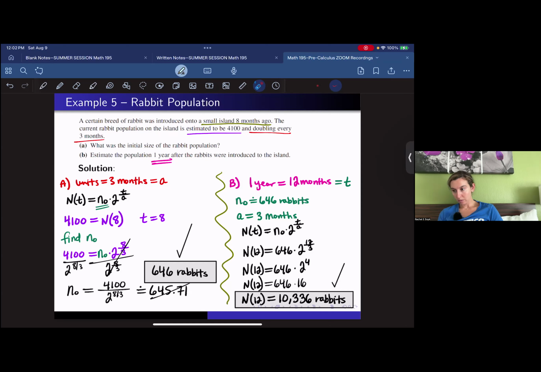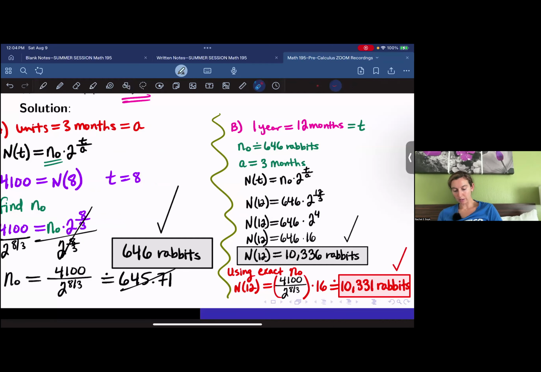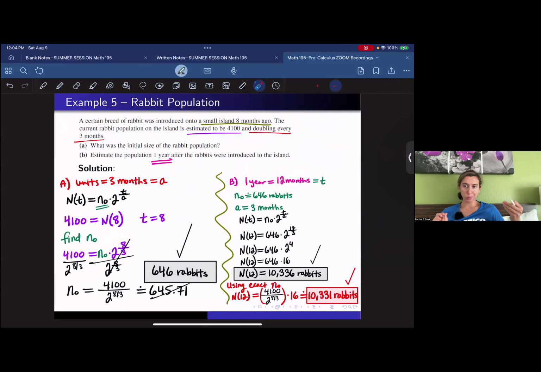Yeah, it would have been 10,331. So I'll write that one down too, so you guys could really see it. Again, what we have in red is the more accurate number. But for assessment purposes, you wouldn't really calculate it anyway, because you're not going to have a calculator. So you would just keep it as this and get full credit.